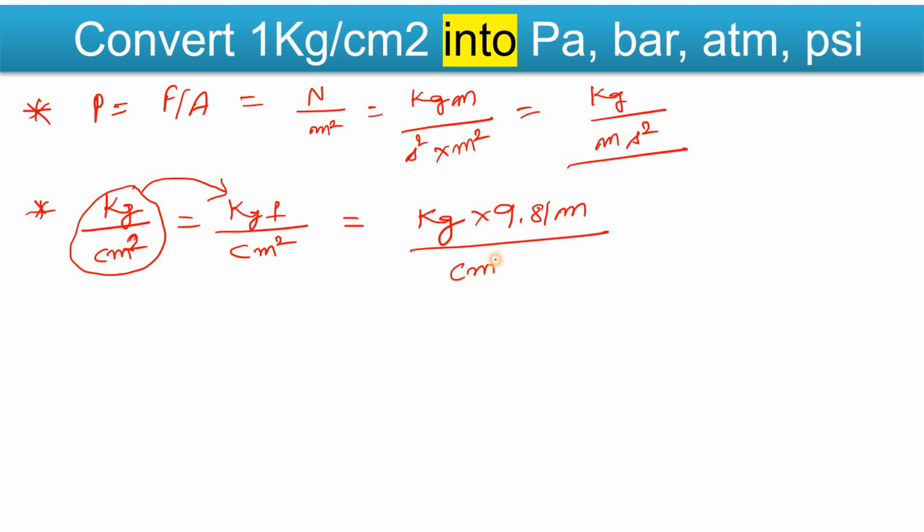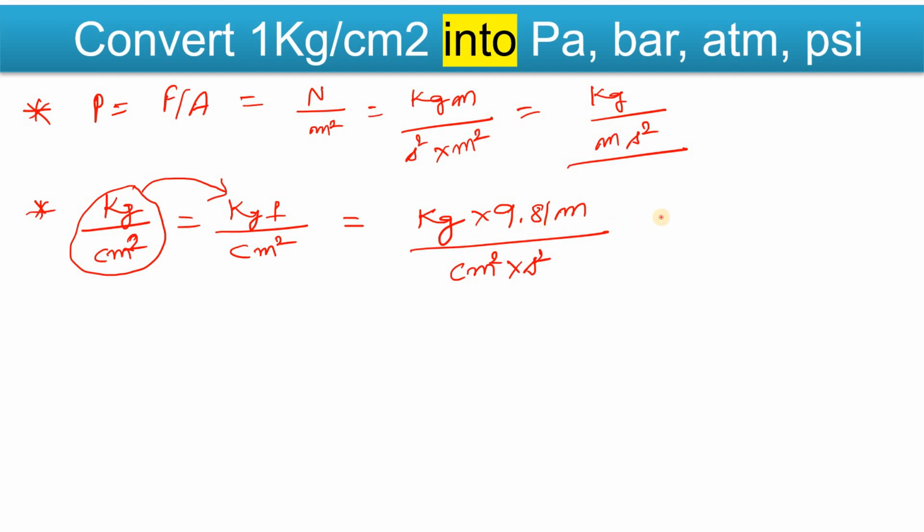So here, centimeter square into second square. I hope you got my point what I have done here, because here you are talking about the kilogram force per centimeter square. That's why I have multiplied here with 9.81, that is the acceleration due to gravity.